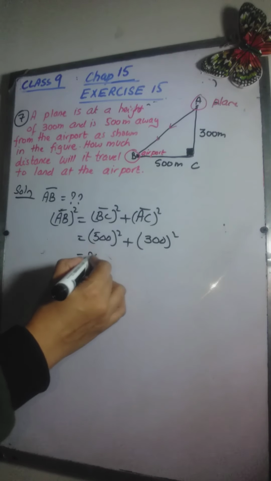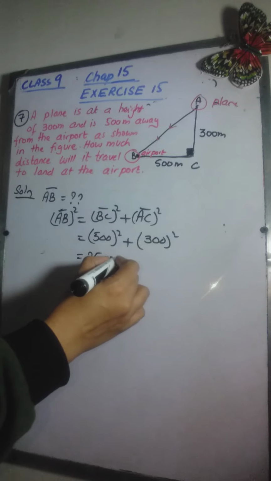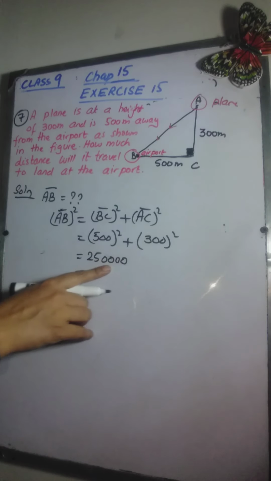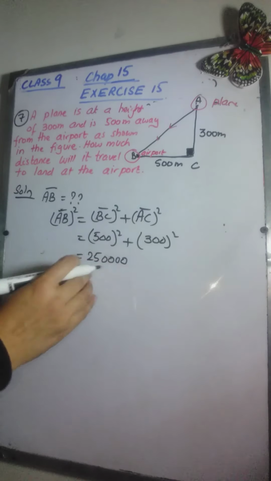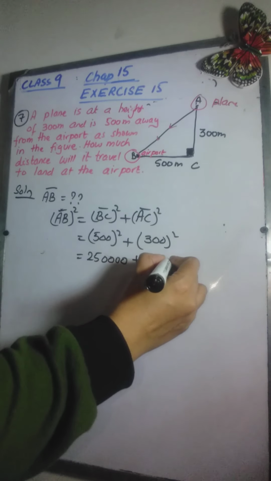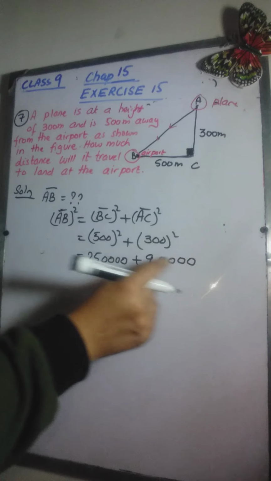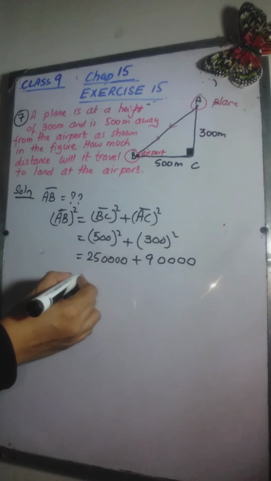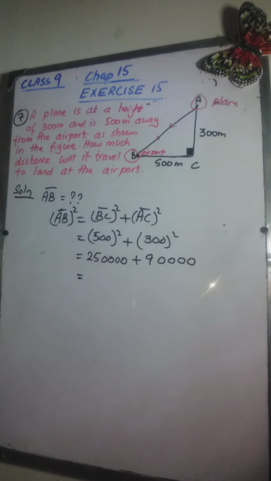Now this will be equal to 250,000 plus 90,000. We are going to add these two.